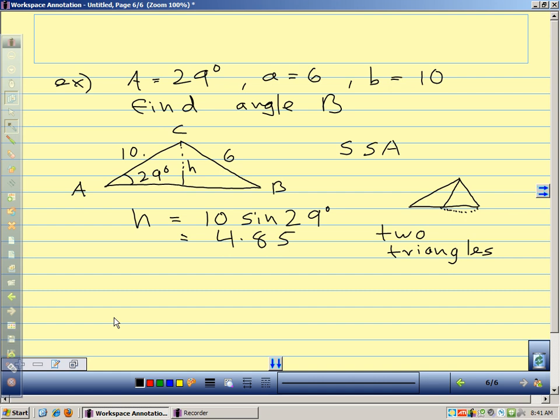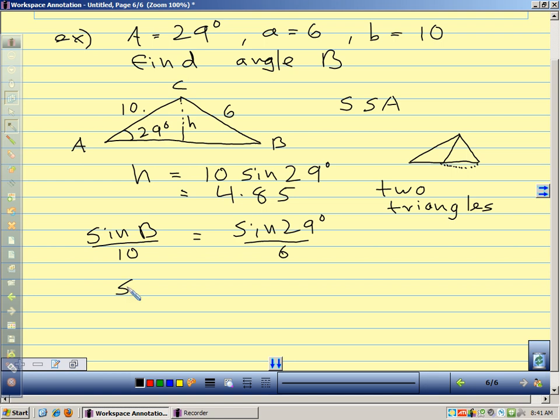So let's do our law of sines. We want to figure out sine B over 10 equals the sine of 29 degrees over 6.